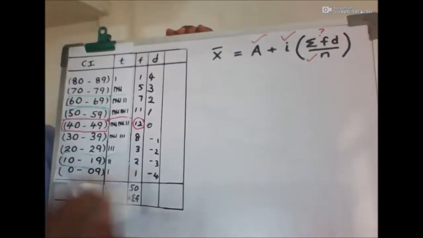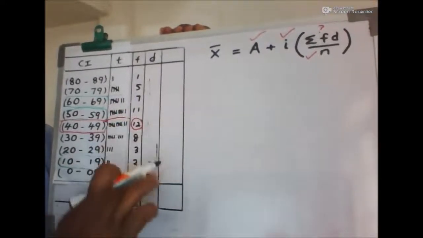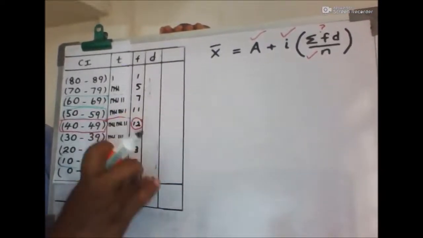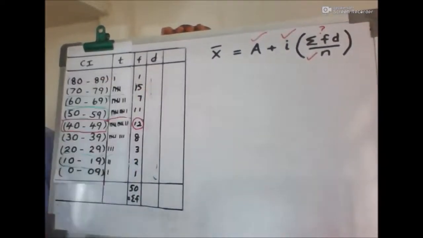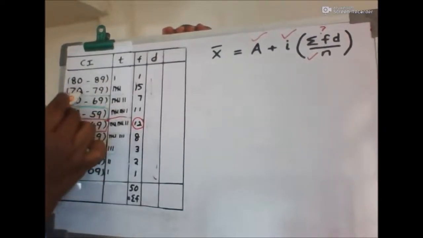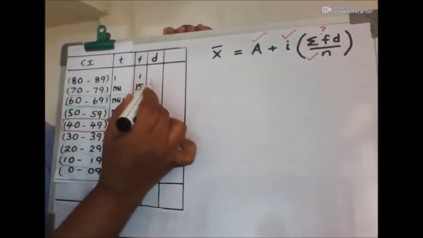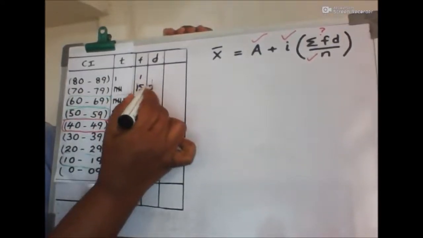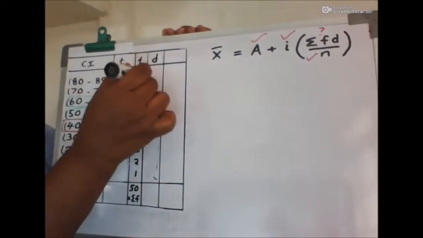Now we'll say another example. Suppose you have 15 here. That's the highest frequency, right? Then you'll have to get this class and get the midpoint for the assumed mean. What do you have to do now? Put 0 in front of this one, and put 1 above.